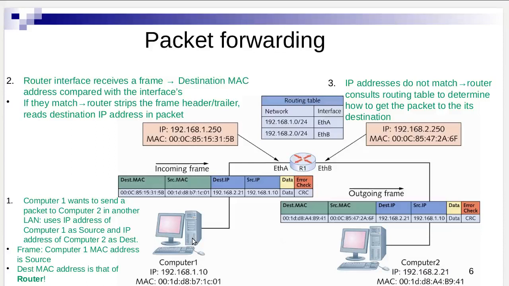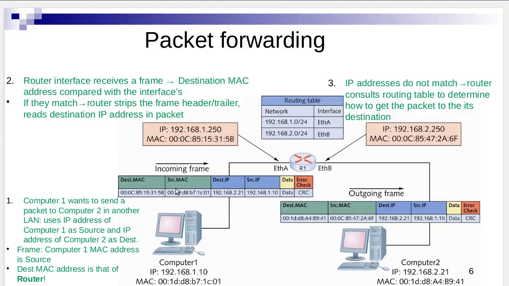It will send a frame where the destination MAC address is the MAC address of the router interface that is facing LAN 1. In this case, notice it's 000C85153115B. That's the destination MAC address of this frame that computer 1 is going to send.